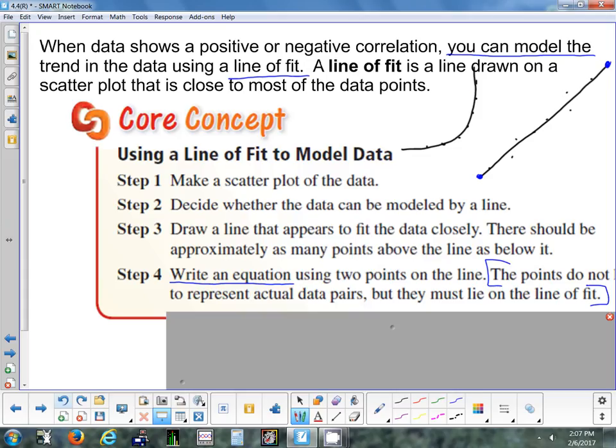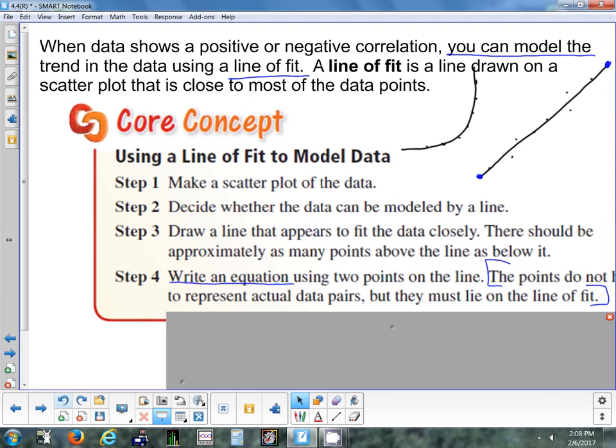Now, those dots in blue, were they original points that I had in black? I don't think so. If I move that line away, there was no black dot there. So what I'm saying is when you find the equation of this line, you don't have to just use the original points.